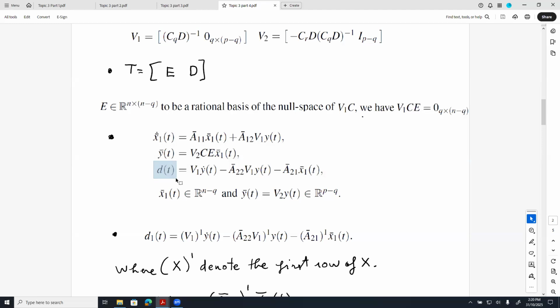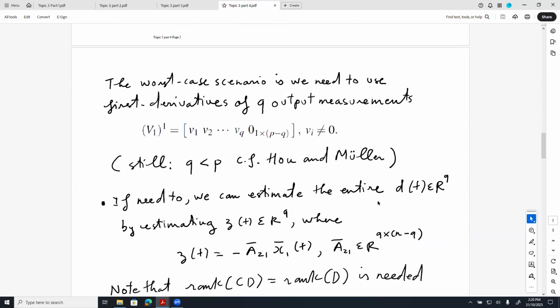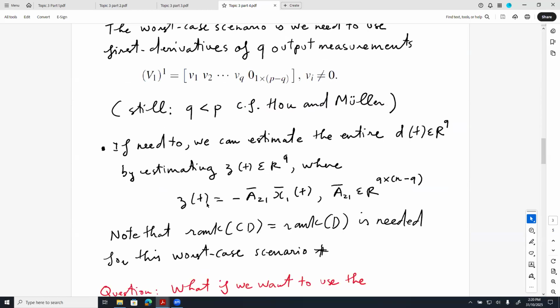We were only interested in getting d1 of t. That's why we pick out the first row of it. And that's why we have this expression. And if we want to estimate the other unknown inputs, or all of them, it is possible to do. And it is just a matter of estimating this linear functional, which has dimension q, which is that combination there.